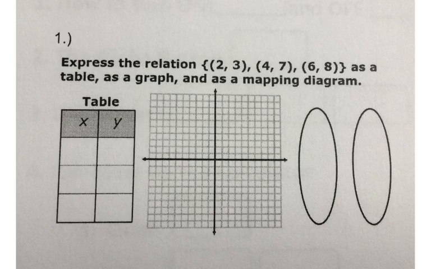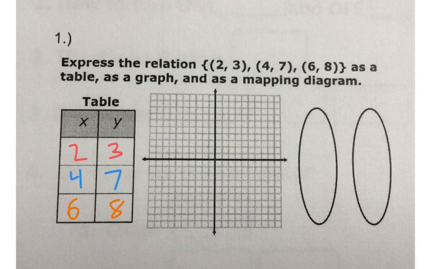So let's first put it in a table. We could have the ordered pair 2, 3. We could have the ordered pair 4, 7. And we could have the ordered pair 6, 8. There's my table. Groundbreaking stuff, right?